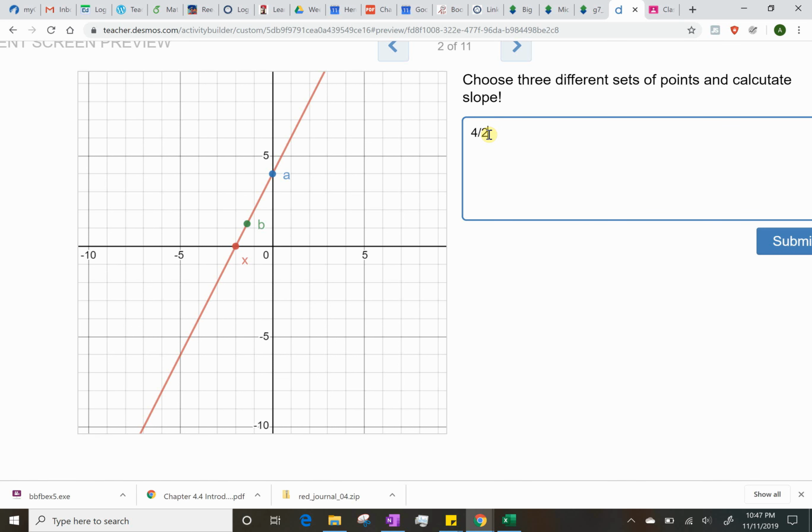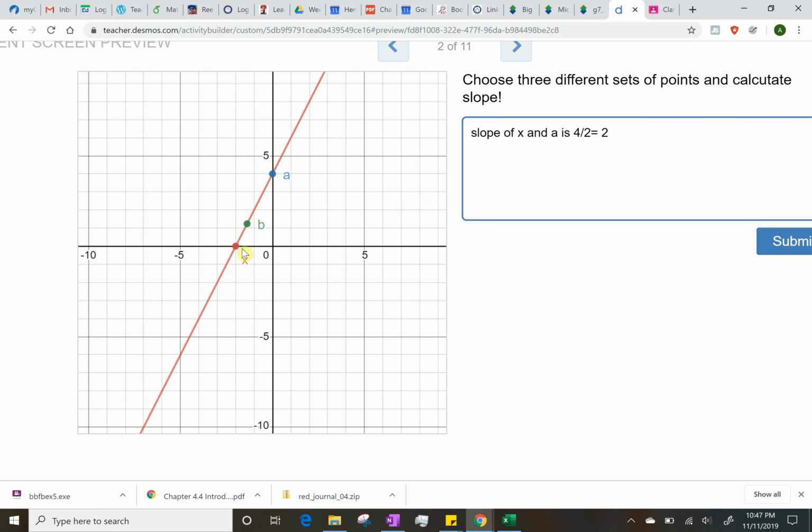So it's 4 over 2, which equals what? It equals 2. So I can say the slope of X and A is 2. And that's basically what I want you to do for that one.